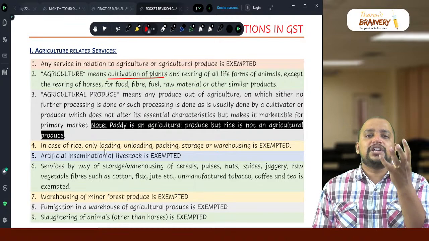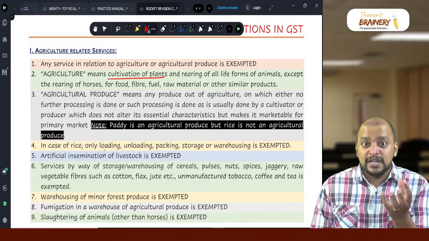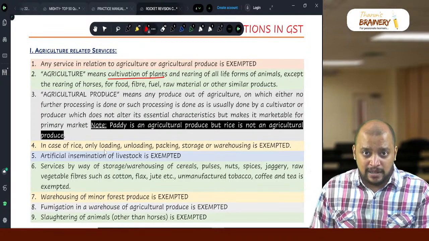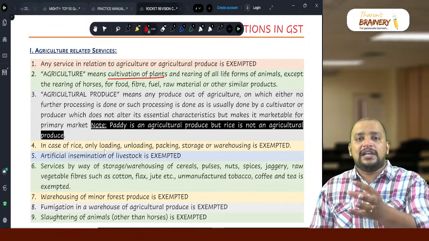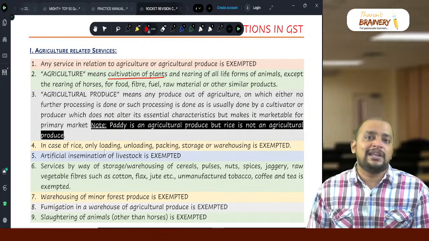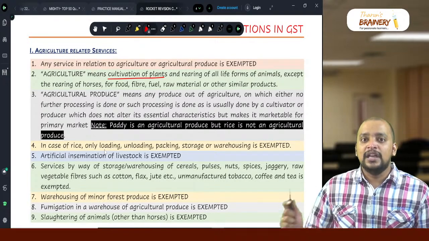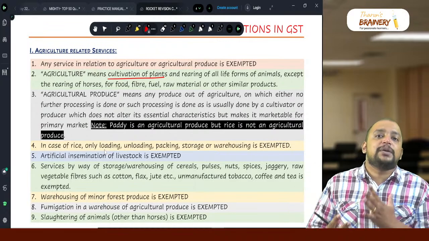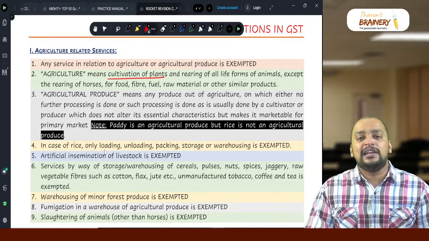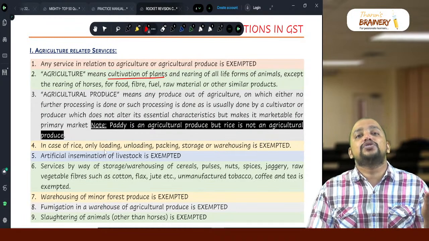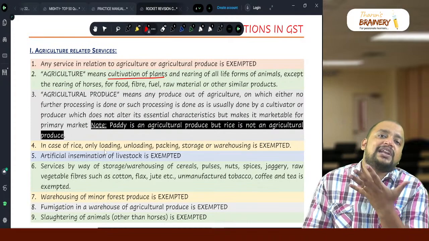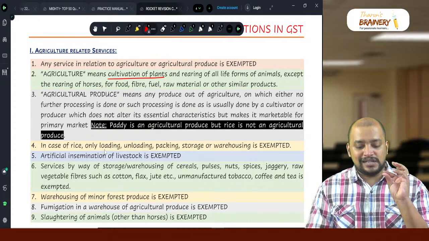So tender coconut will come under agricultural produce, and when you peel off a layer, coconut will also come under agricultural produce, and when you remove the shell, the copra inside will also come under agricultural produce. Okay, so agricultural produce means what? The primary produce out of agriculture on which no processing is done or some processing as is usually done by a cultivator which does not alter its essential characteristics is known as agricultural produce.